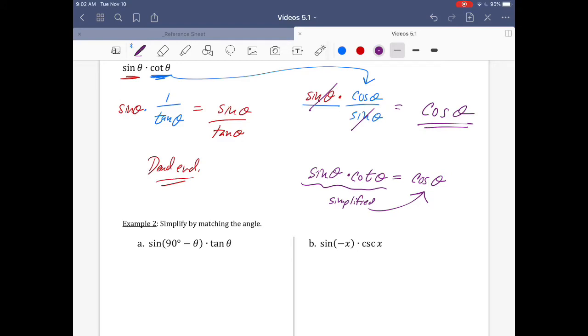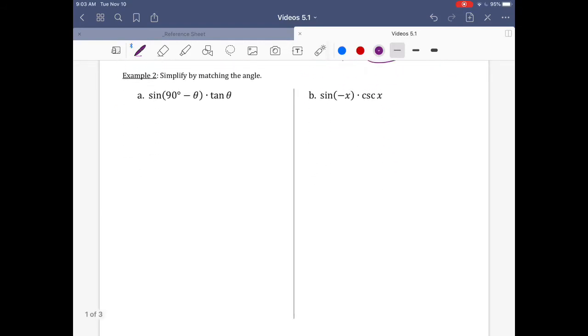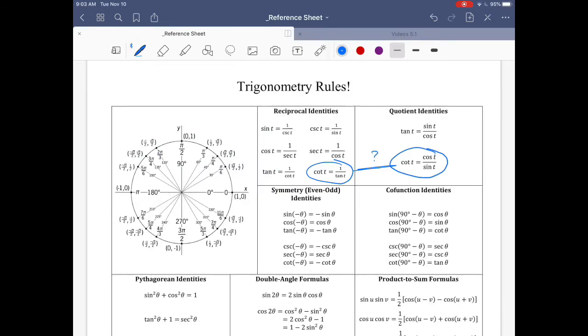You do have to have a matching angle, a matching variable. And in both of these cases, in A and B, we do not have that. So what we have to do is somehow get rid of this 90 business going on here and make it just say theta. How can we change a 90 minus theta into just the theta? How can we remove this 90 thing?